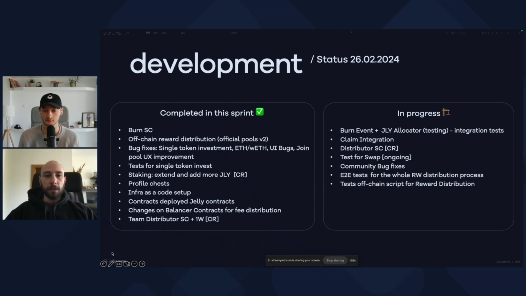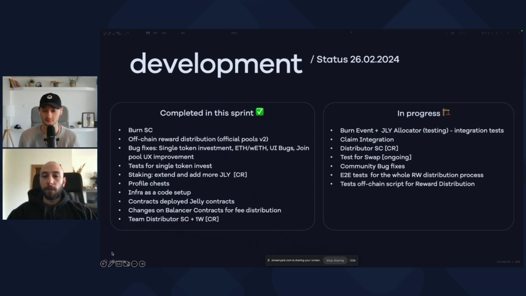Community bug fixes: this covers all the bugs reported by the community. This is an ongoing effort, and it will probably be in perpetuity, since you never have zero bugs. And an end-to-end test for the whole reward distribution process. That is maybe the most important thing, since it's the core.